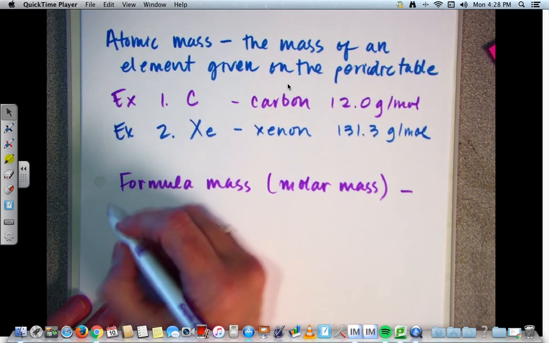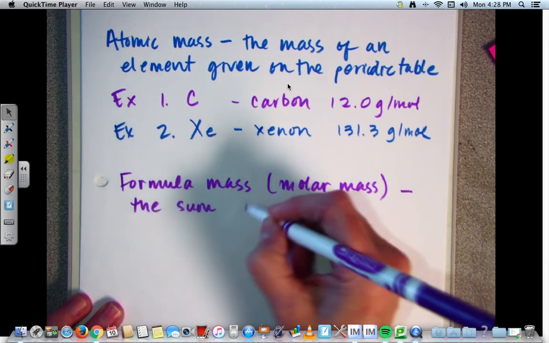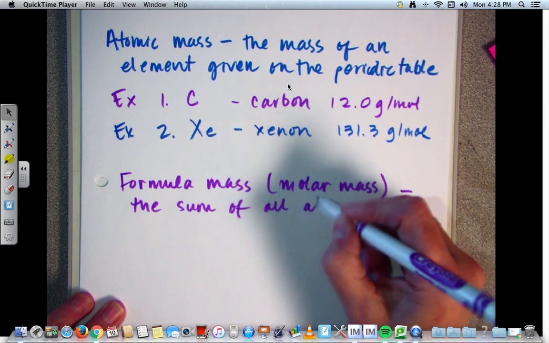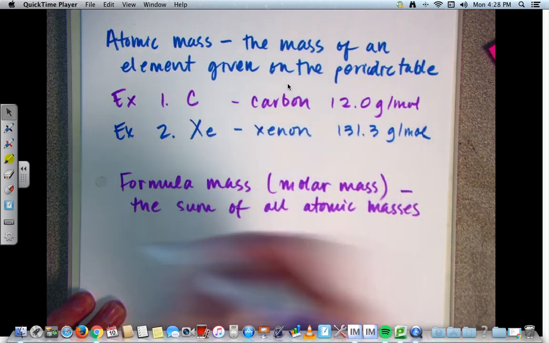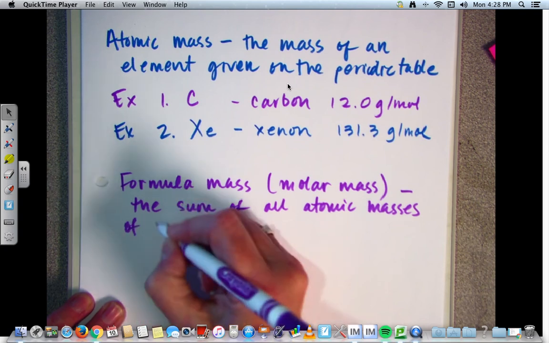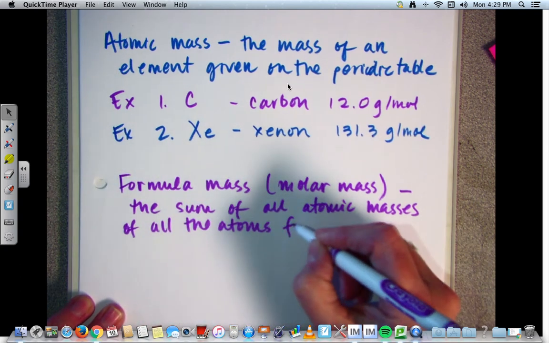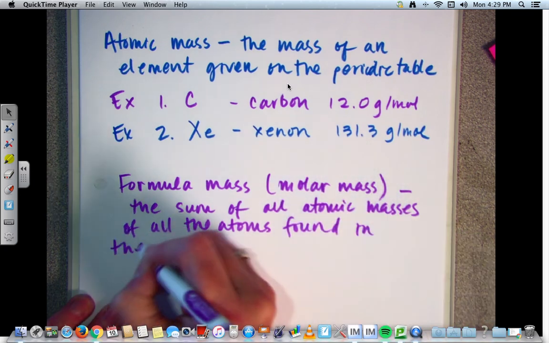So formula mass is the sum of all atomic masses of all the atoms found in the formula.